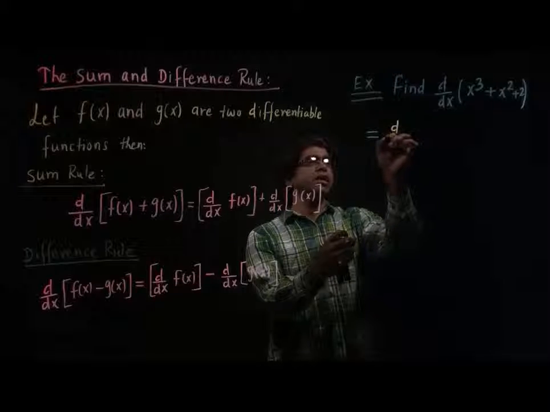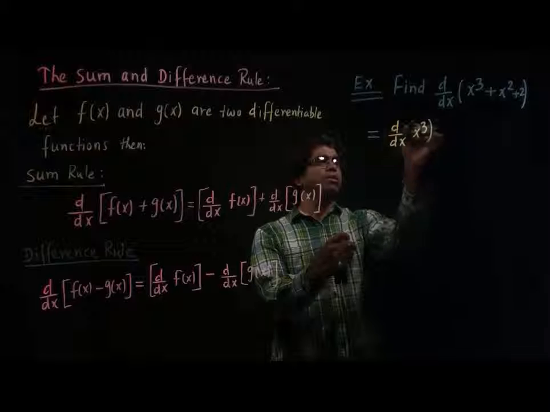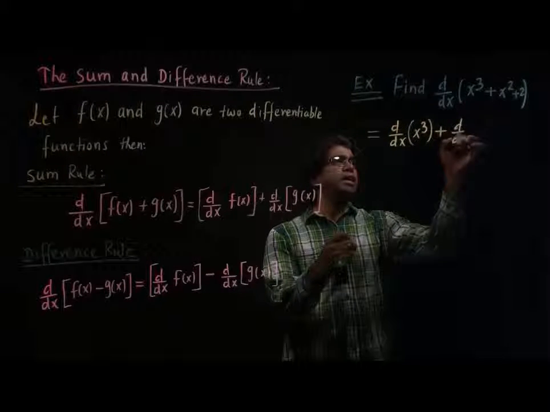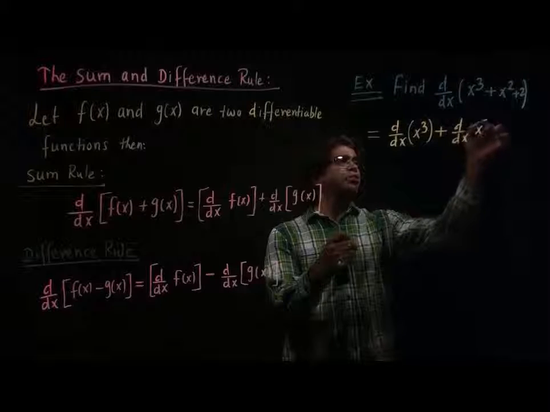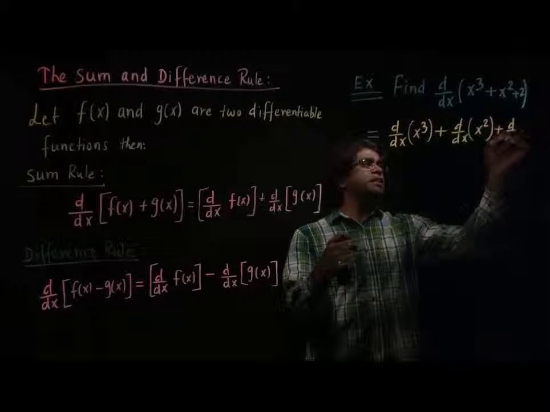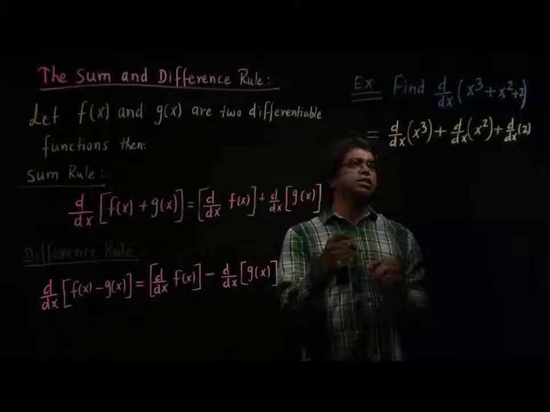So I will write d by dx of x cubed, this is my first part of the function, plus d by dx of x squared plus d by dx of 2, because I have constant 2.